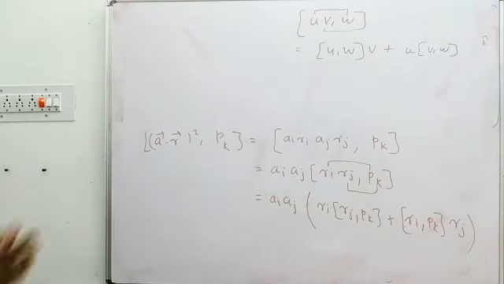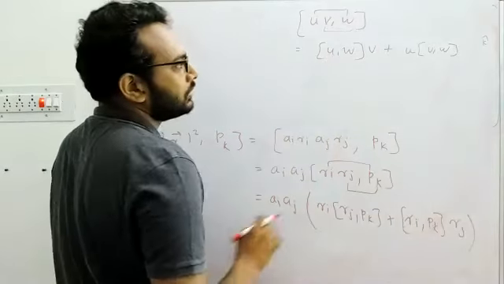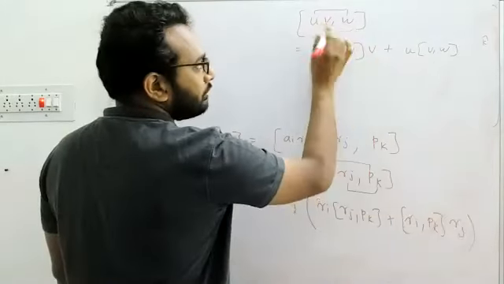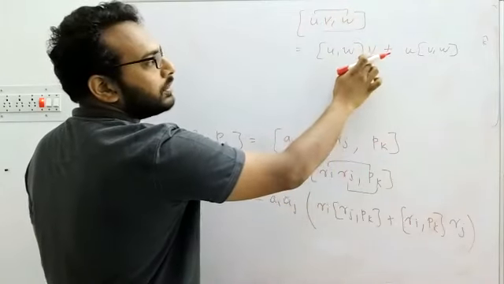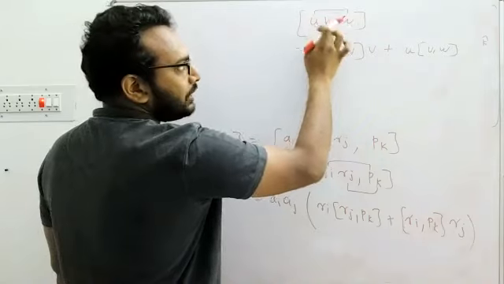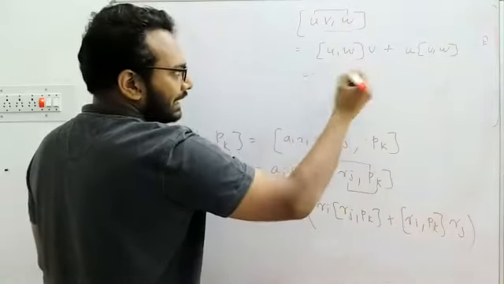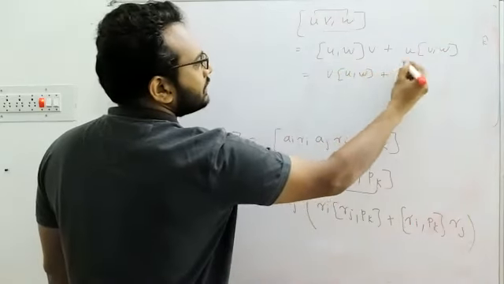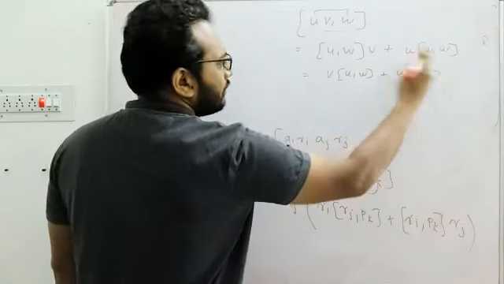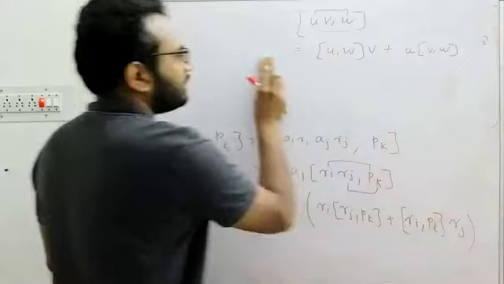Now this is true for the commutator also. But for the commutator, it's important that if v is on the right side of u, you have to put v on the right; if u is on the left side of v, you have to put u on the left side. In the Poisson bracket, in classical mechanics, we can also write this as v{u, w} plus u{v, w}. The order does not matter. Is this clear?